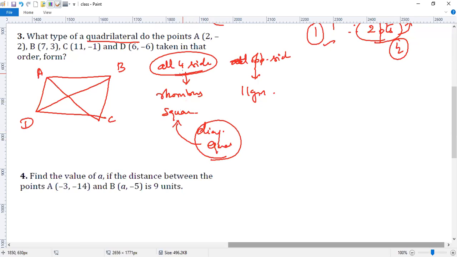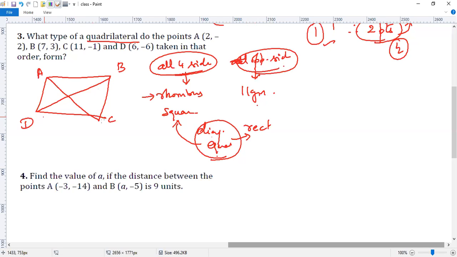If only all 4 sides are equal, you'll have a rhombus and not a square. The other condition, if opposite sides are equal, it becomes a parallelogram. Now you check the diagonals. If the diagonals are equal, then it becomes a rectangle. Otherwise, it is just any parallelogram. Clear? So this is how you identify using the sides and the diagonals.